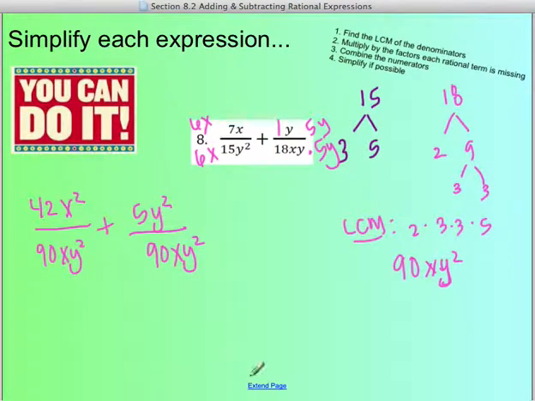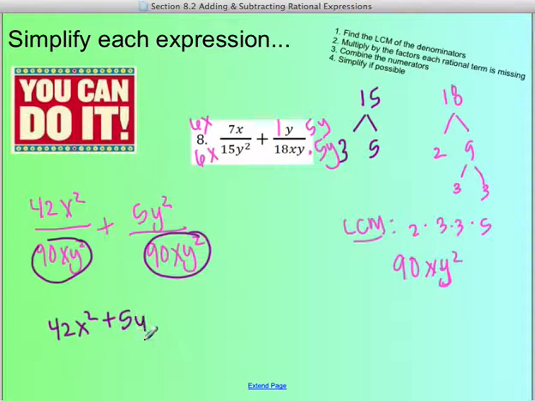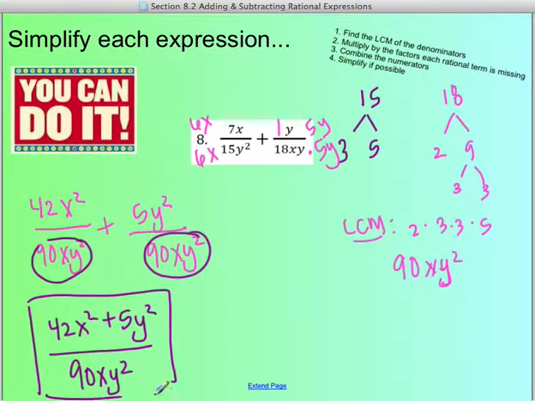And now my denominators are exactly the same, so I can add my numerators together, and it's going to be over the denominator that stays exactly the same. So there's my answer for example 1. If I could combine what's in the numerator, I would, but I can't combine an x squared and a y squared. They're two different things.